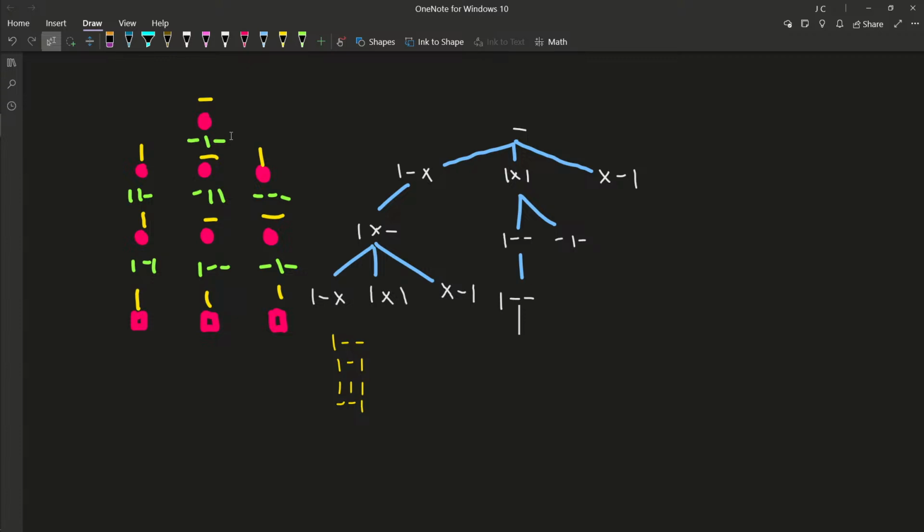No, I mean, well, you could if you don't have the x's. If you just literally expand, right? So this 1 dash would be 1-1, also 1 dash dash.